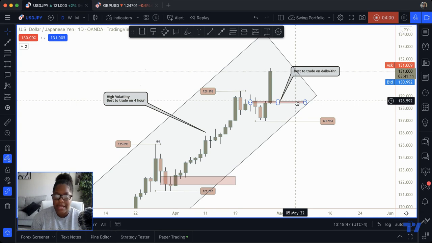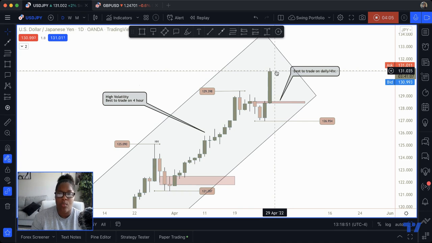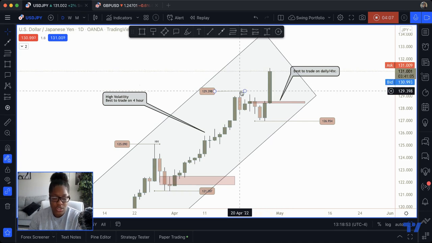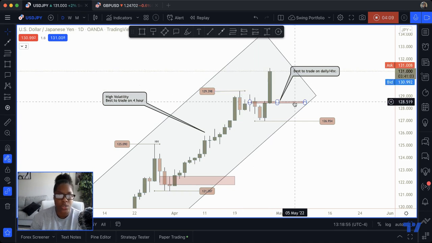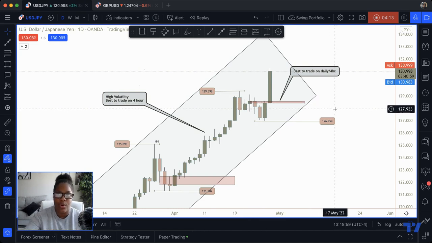Okay. Think about it like this. If you put it into a dollar perspective, would you want to buy something at $130 or $129 or $128.50? I'm pretty sure you guys are going to use a third choice. That's what supply and demand is. How many people, because price is increasing, people have to buy if they're going to travel, Japanese people or the banks in Japan, or imports and exports.